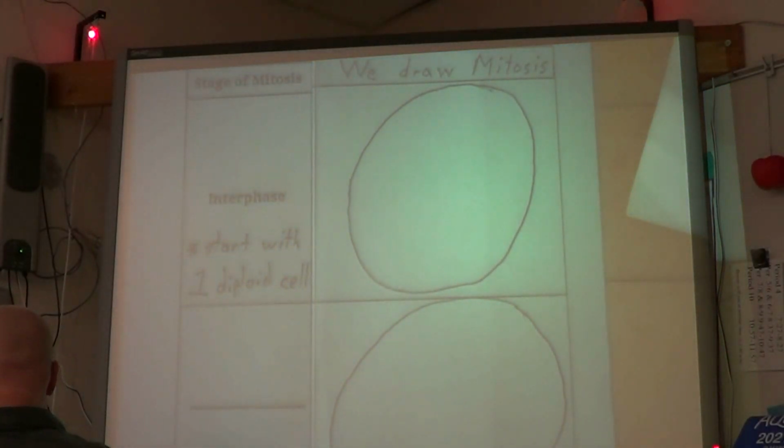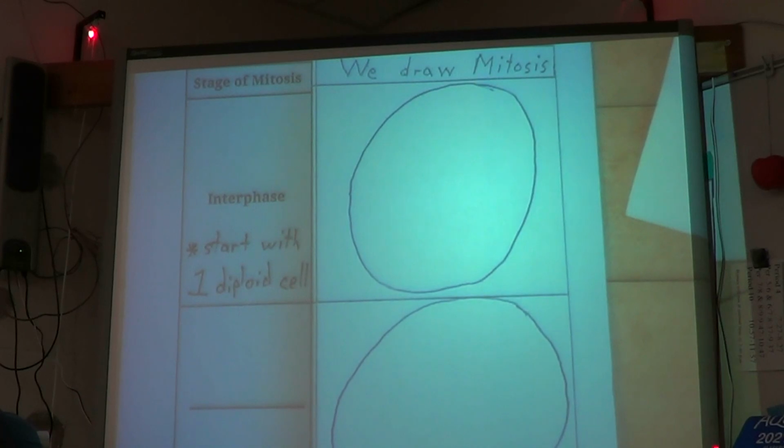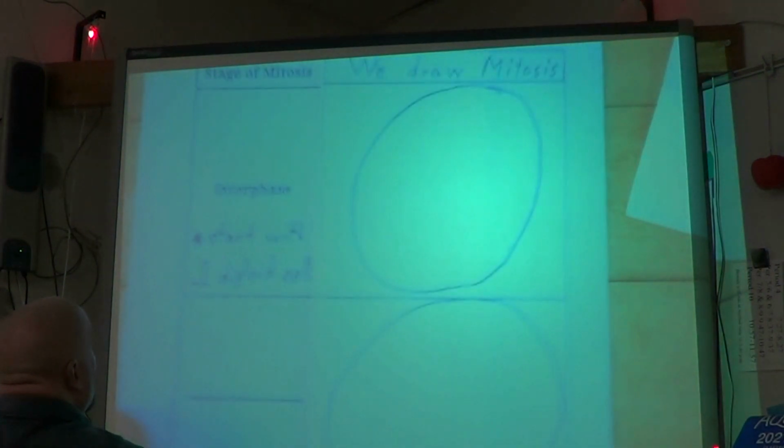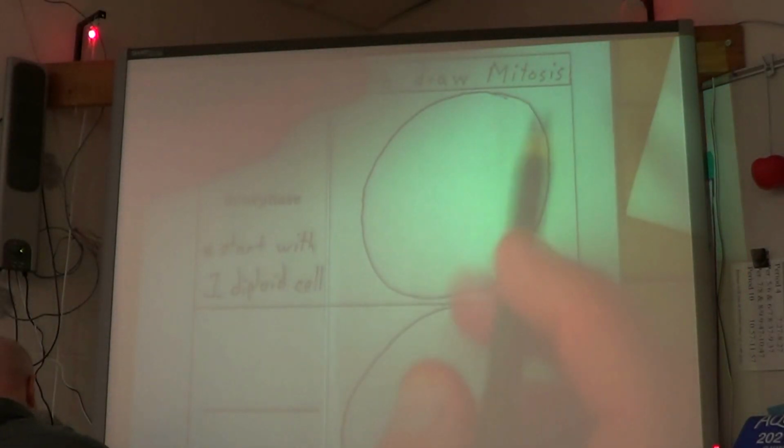Key things: what form is the genetic information in? Chromosomes or chromatin? Chromatin. Bowl of spaghetti, right? Does it have a nucleus or no nucleus? It has a nucleus.